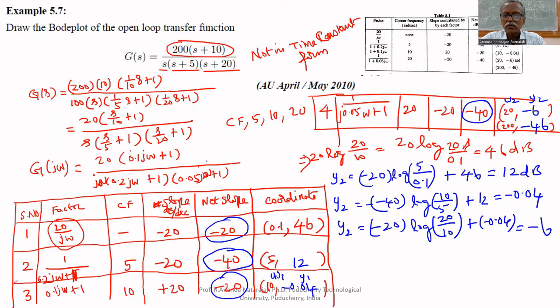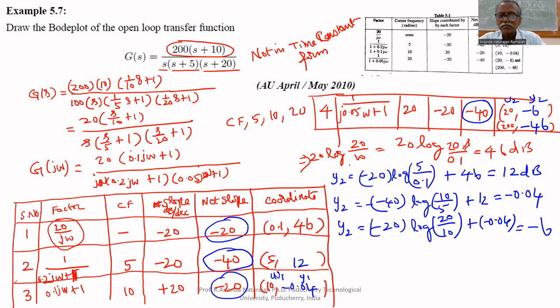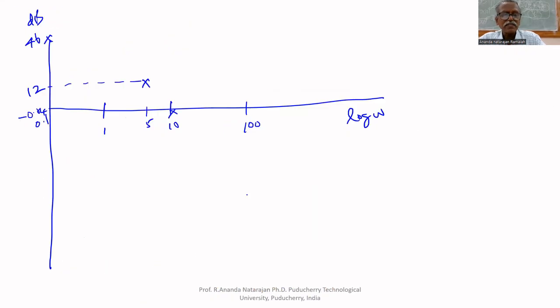Then 10, minus 0.04. Then 20, minus 6. 20 is around here.